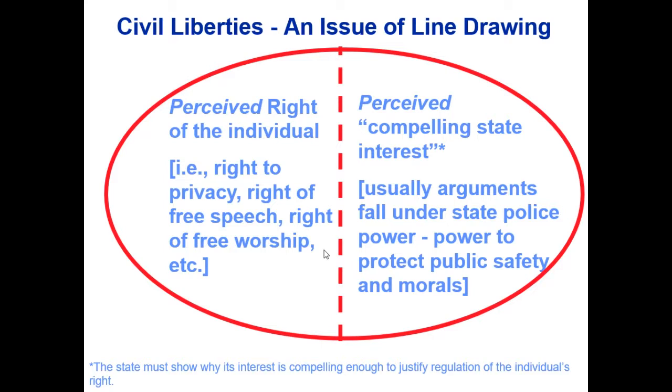What is at stake here? What is so important to the community here that justifies curbing the individual's right of free speech or the individual's right to keep and bear arms or whatever the specific civil liberties right is that we're talking about?